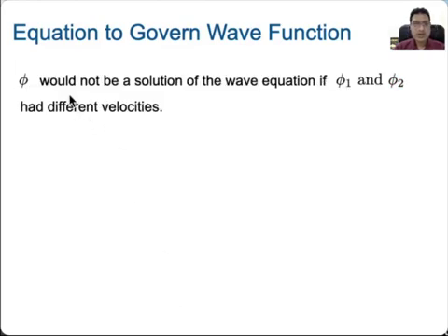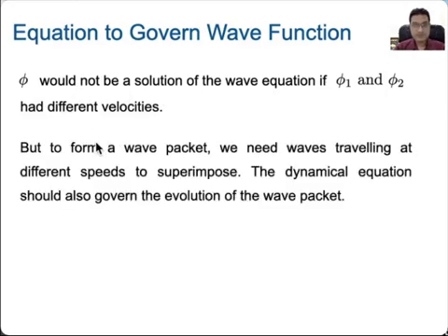So phi would not be a solution of the wave equation if the two waves phi 1 and phi 2 have different velocities instead of c. Then it will be difficult. You can easily verify that in the previous slide, you have taken 1 over c square out. If you cannot do this mathematical step, then it's not possible to show that phi 1 plus phi 2 is also a solution of the wave equation.